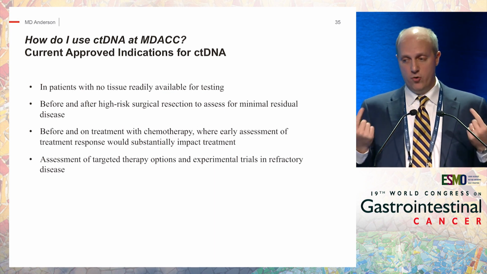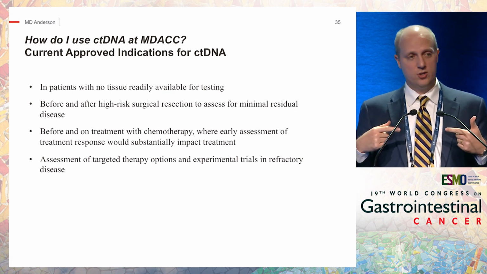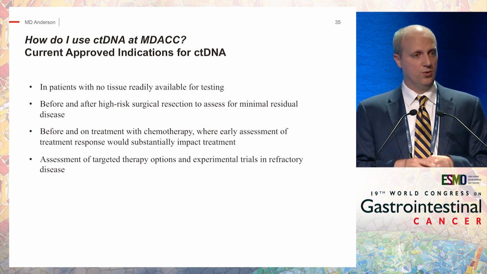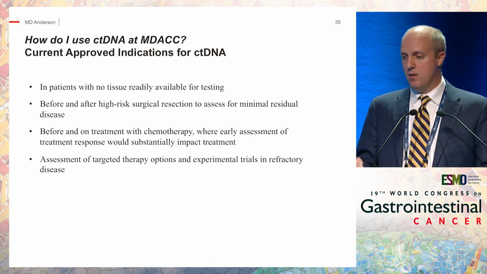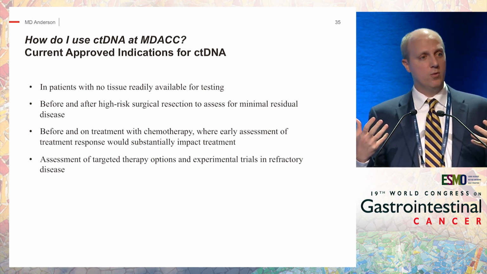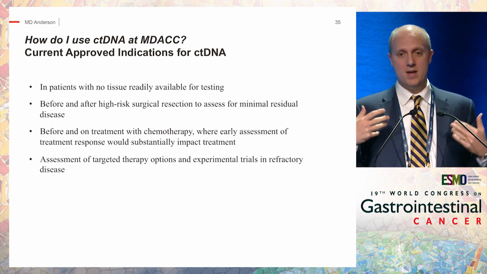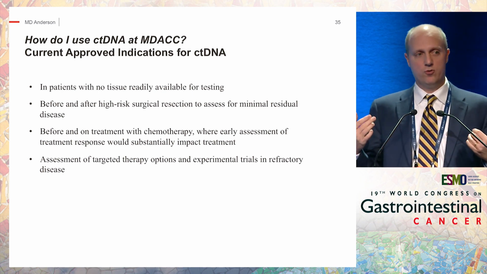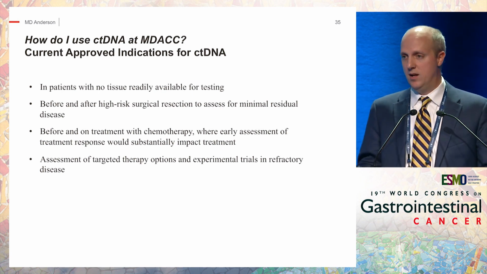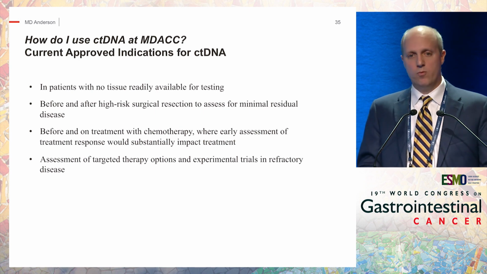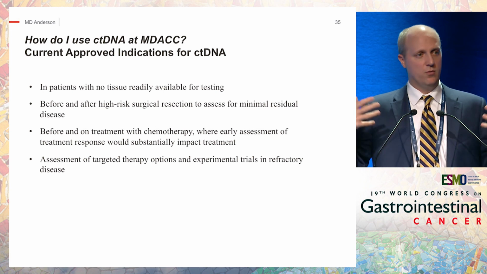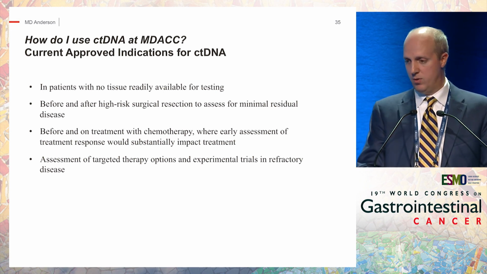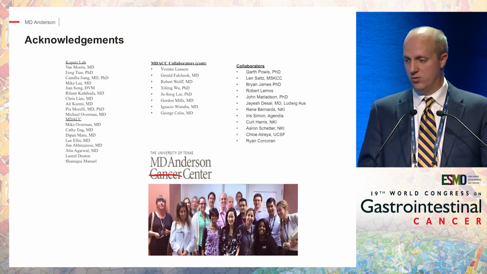We're using it before and after high-risk surgical resections to assess for minimal residual disease, so the high-risk stage 3 or stage 4 hepatectomy patients. Before and after treatment on chemotherapy, where early assessment of response could make a difference, so where we're trying to convert patients, for example, we need to identify the optimal regimen. And then when we're looking for targets in patients that have been heavily treated, especially when they've responded to certain targeted therapies in the past, where the tumor has demonstrated evidence of evolution in prior studies.